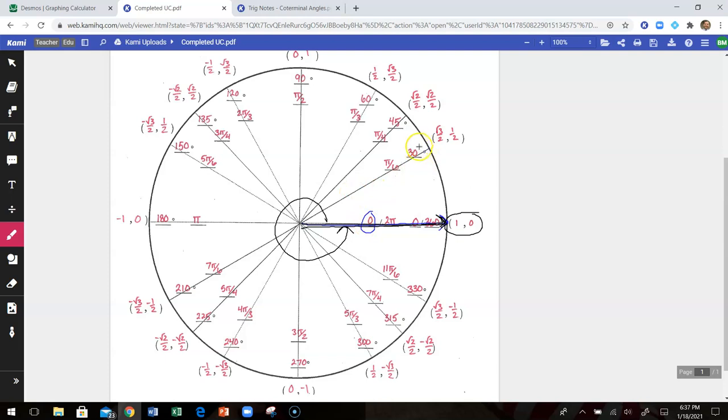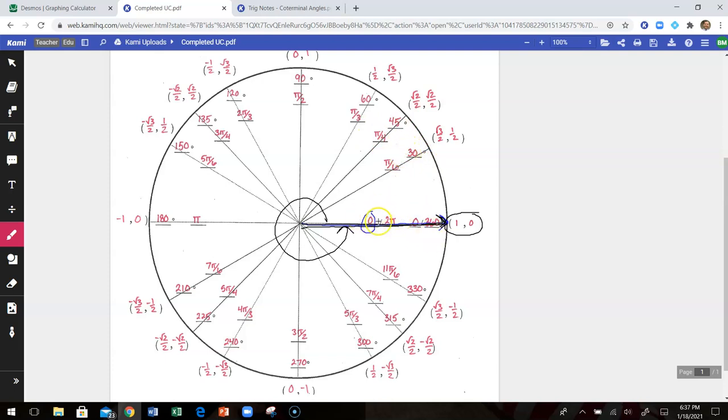A quick example: if I want a coterminal angle to 30 degrees, I add a full rotation of 360 to that. 390 degrees would also end up in the same location, right? That would be a full rotation plus 30 more degrees. 390 degrees is the same location as 30, and I got that from adding 360 to 30.